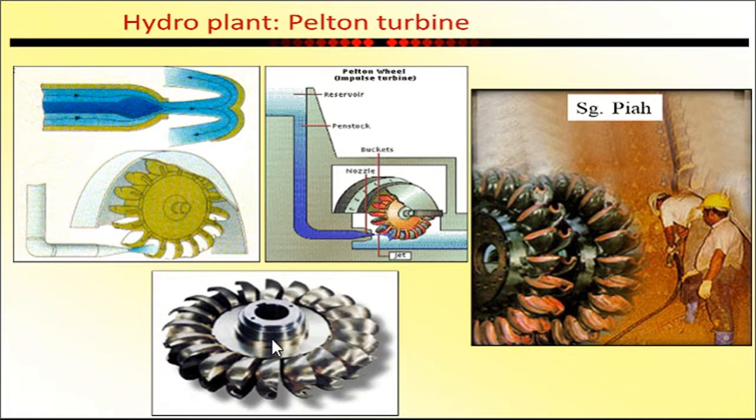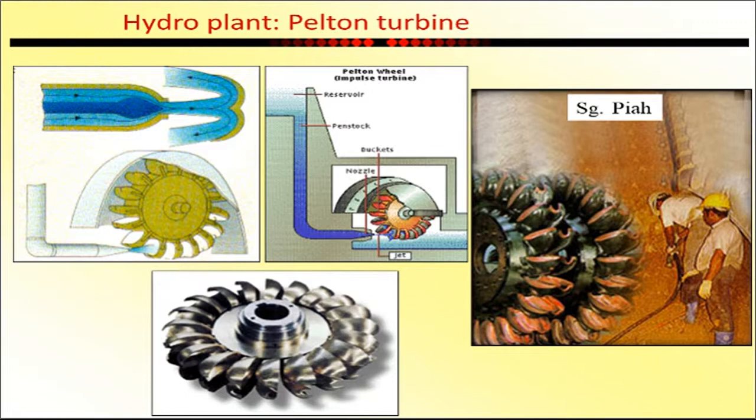Now, first of all, the Pelton wheel. So this is the Pelton wheel. On the shaft there is a rotor, and on the rotor blades are mounted. A number of blades are mounted. The blades look like double hemispherical type blades. And this is the pipe. This is a laboratory setup.